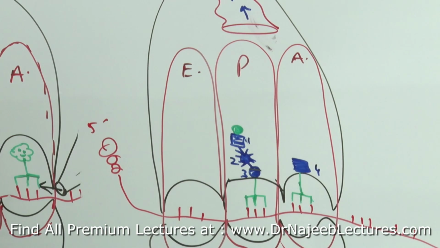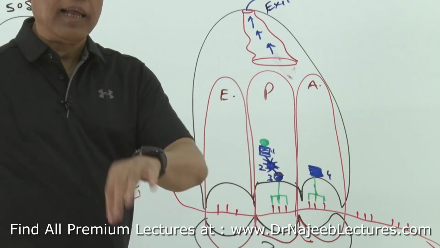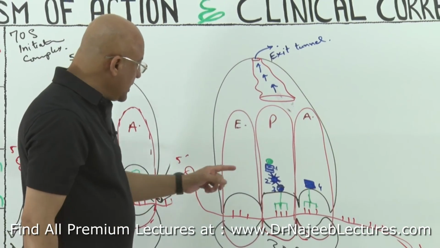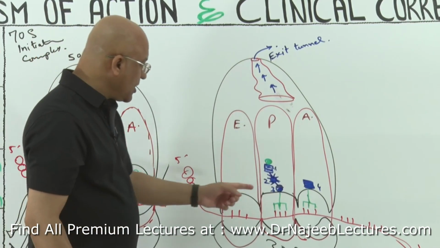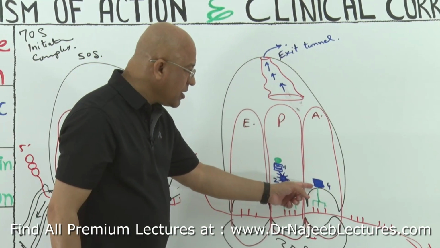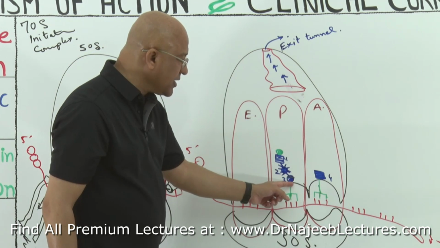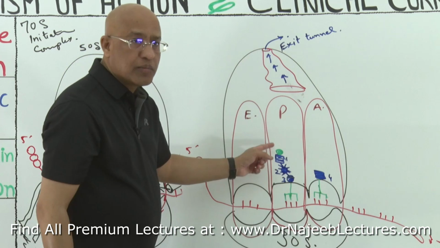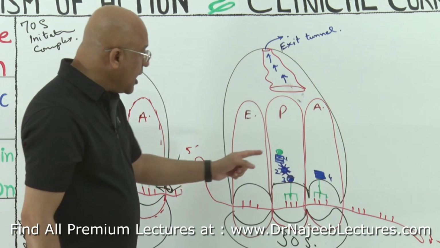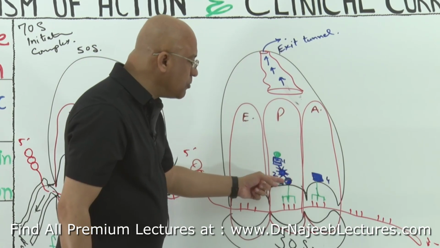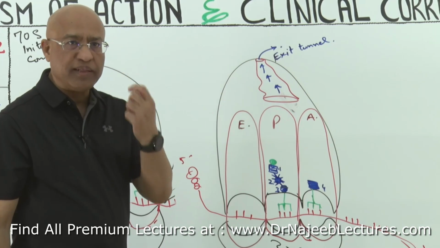Now, to elongate the chain, this ribosomal machinery must add the incoming 4th amino acid to the 3rd amino acid of the nascent peptide chain. How is it done? We have to make a peptide bond between the two.